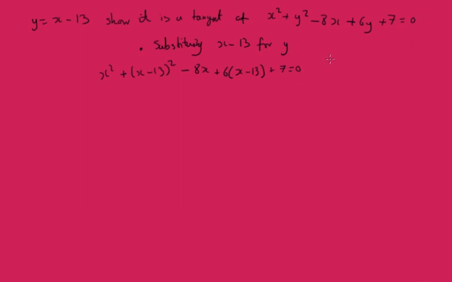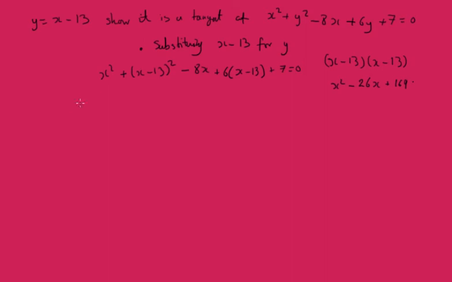So I'm going to just break out the brackets here for this one. So we'll have x squared, and then we will have x squared, minus 13x minus 13x will give us minus 26x, then plus 13 squared is 169.